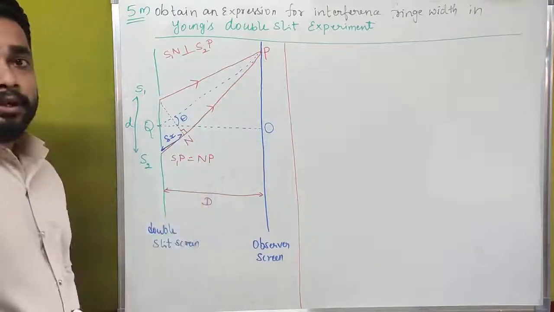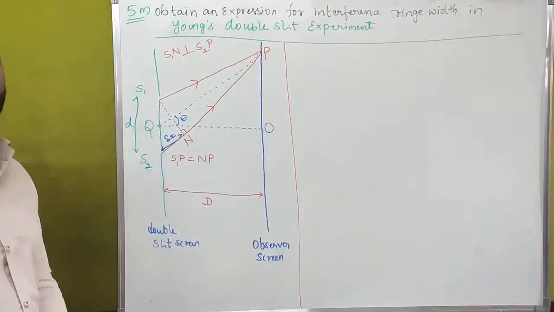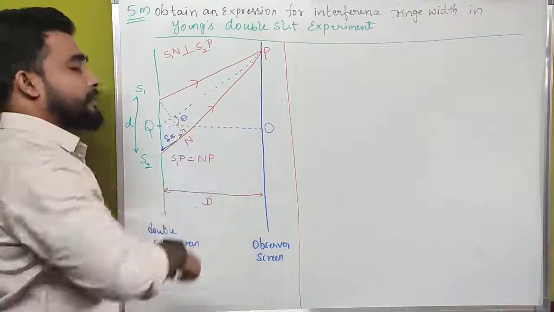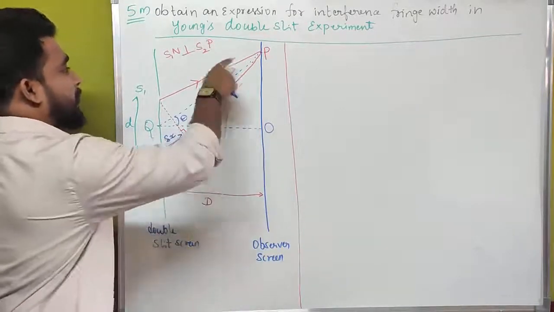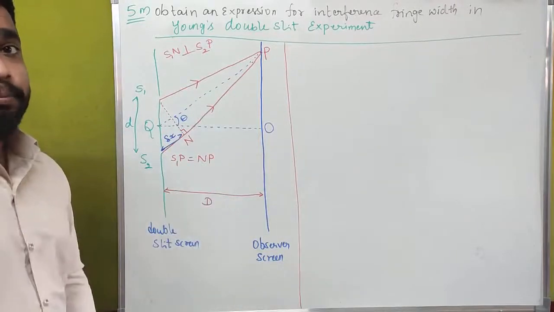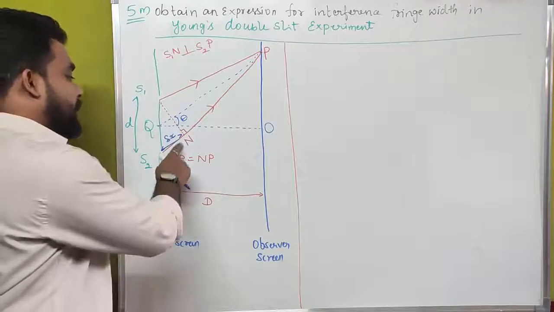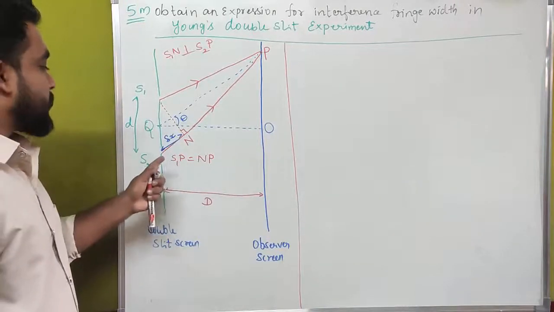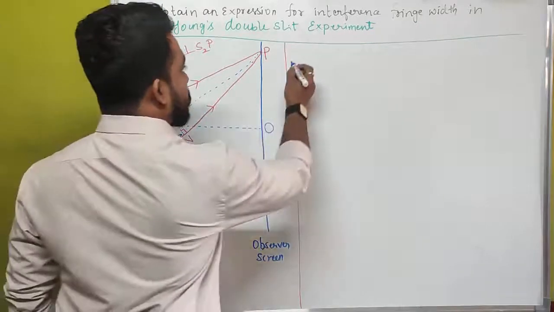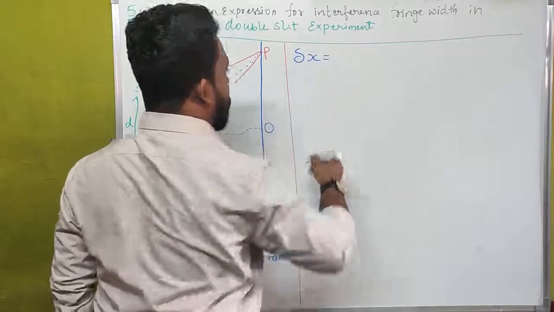But S2P is not equal to S1P in this diagram. So there is a path difference between S2P and S1P. That is delta x, or we may call that S2N. S2N is the path difference between these two light rays.